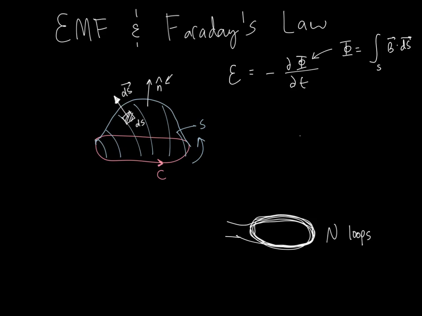And let's suppose that the magnetic field is applied from some external source and it's going right through this area. And the magnetic field in general is changing with time. And we're going to assume that we can ignore the magnetic field outside the region of the loop. So just outside the region, the magnetic field is basically 0.